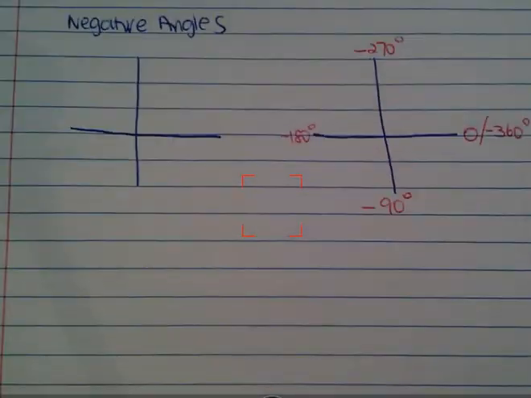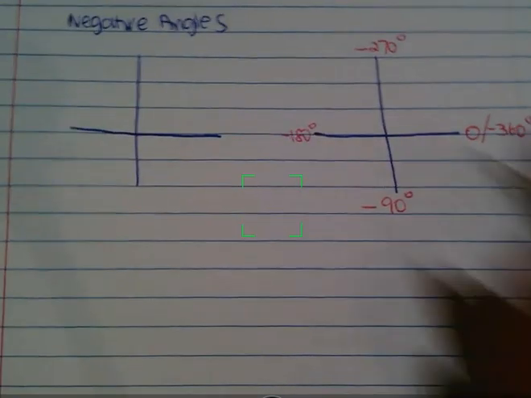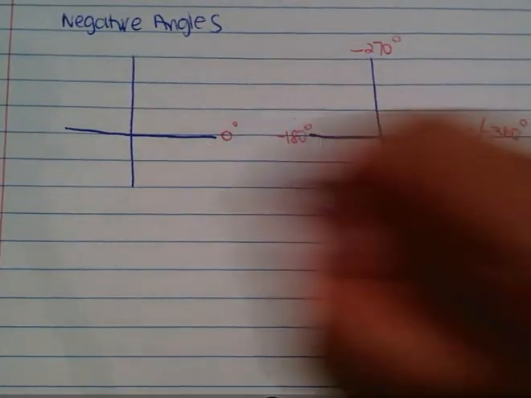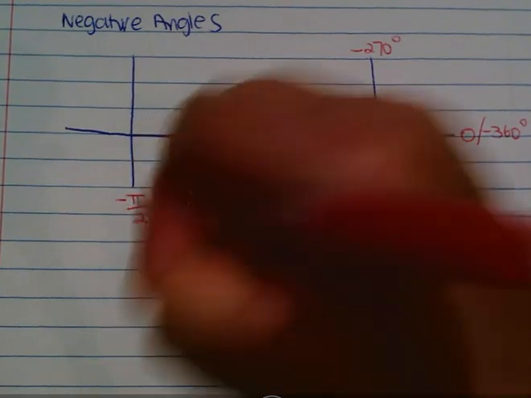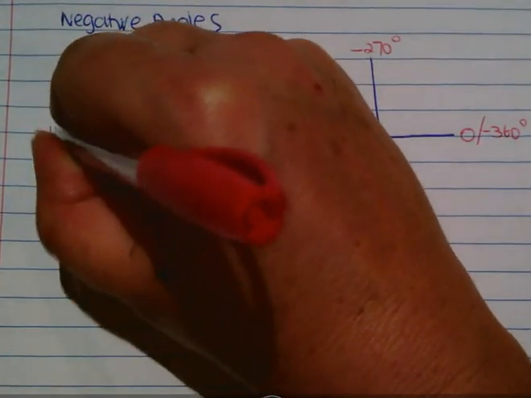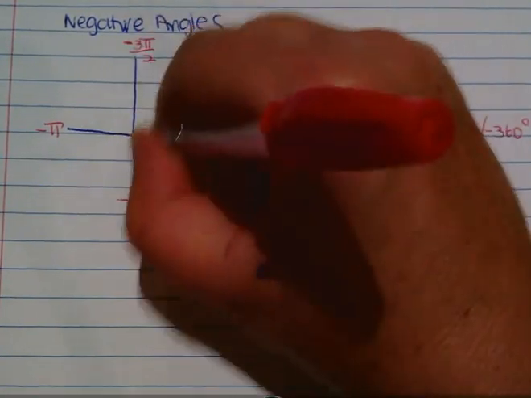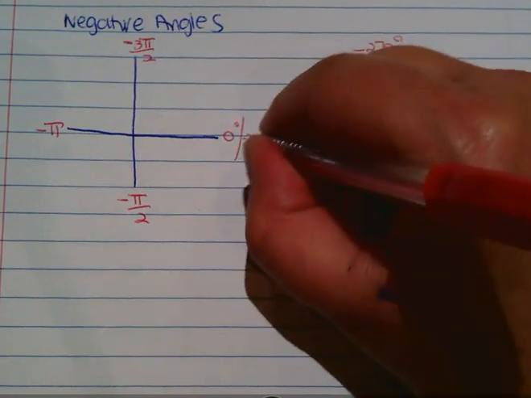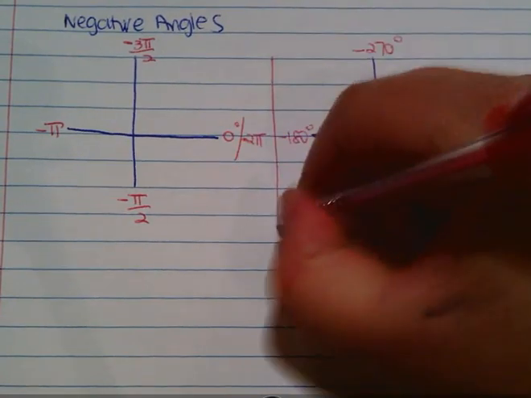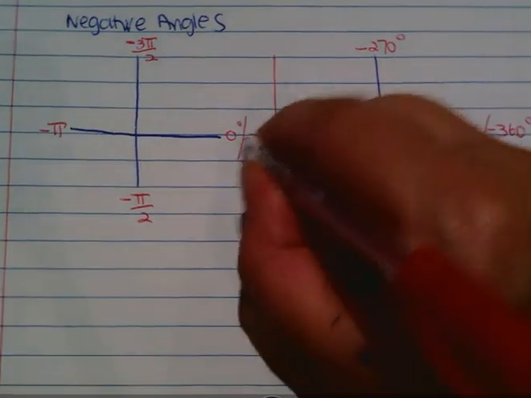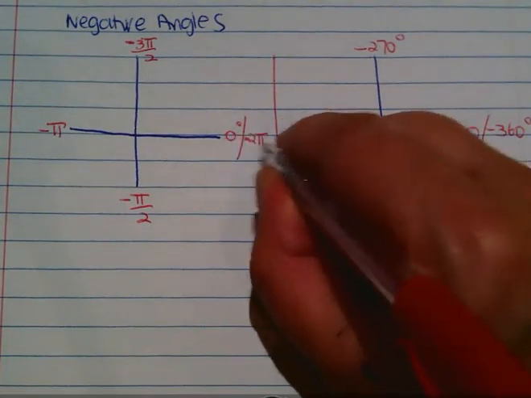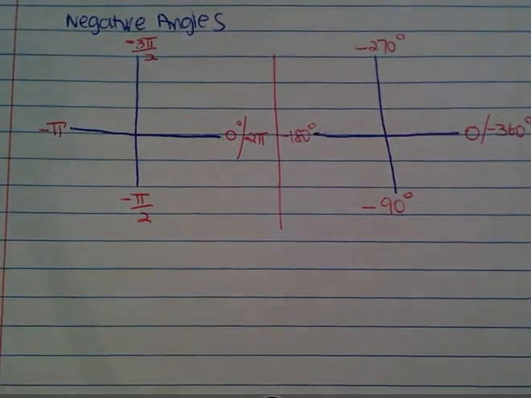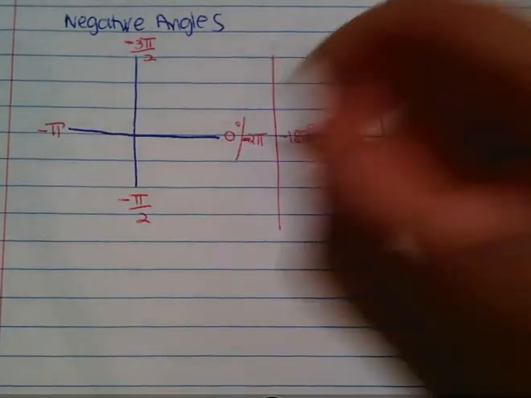But if we're using radian measure, we would go 0, now negative 90 would be negative pi on 2. Negative 180 would be negative pi. This would be negative 3 pi on 2, which is negative 270, and all the way around would be negative 2 pi. So that's 0, and then when you make it back all the way around, it's negative 2 pi, not positive, okay?